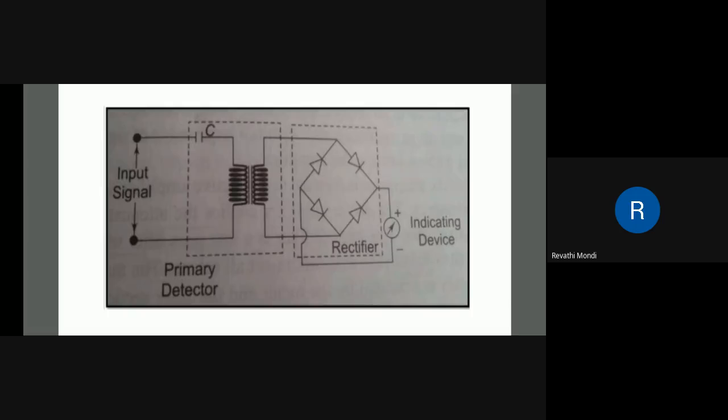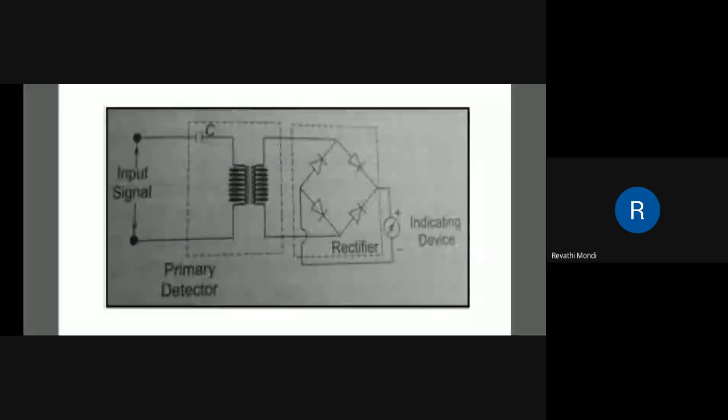The primary detector detects the fixed range of frequency signal. This fixed range of frequency signal is given to the bridge diode. This bridge has 4 arms. This bridge balances all the frequencies. After that balancing, we need the particular selective range of frequency. That particular selective range of frequency is observed in the indicating device.